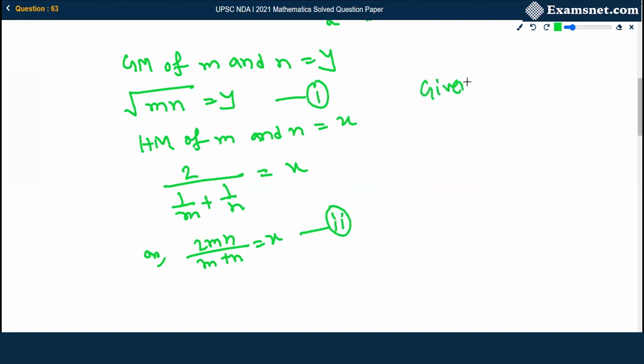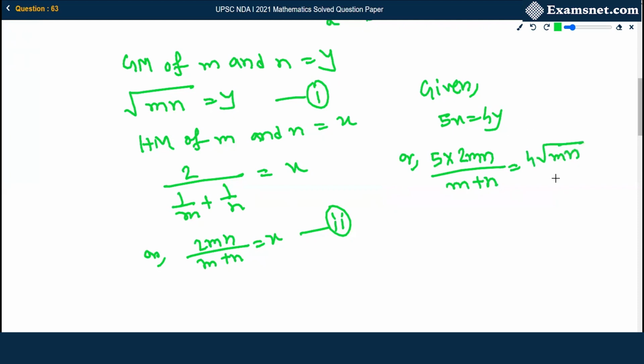So it's given that 5x equals 4y, right? So let's put the values for x and y from 1 and 2. 5 multiplied by 2mn by (m + n) equals 4 multiplied by root under mn.